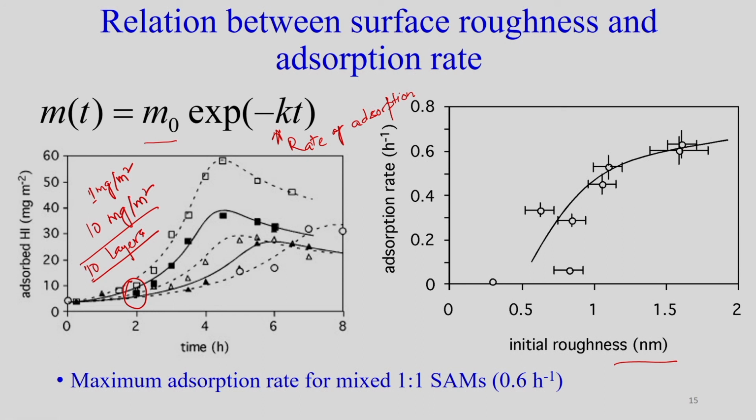Because of the increase in the adsorption rate, the adsorbed amount was maximum where the rate of adsorption was maximum. So, it says that initial surface roughness is affecting the adsorption rate, which is reflected in terms of a higher amount of adsorbed protein, and a higher amount of adsorbed protein means shorter lag time, or you can say the quick start of the aggregation process.